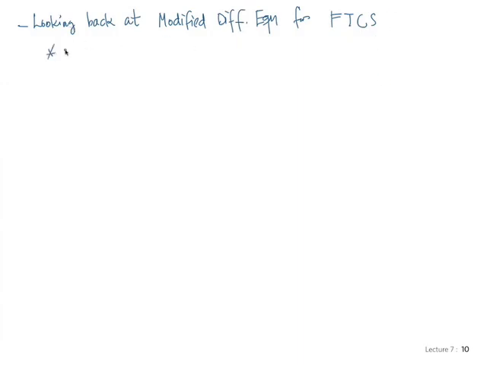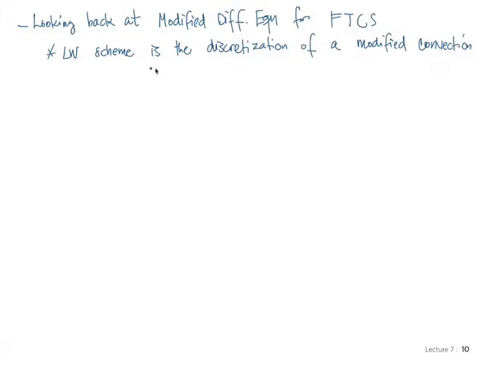Basically, the Lax-Wendroff scheme is the discretization of a modified convection equation obtained by adding the lowest order truncation error term.